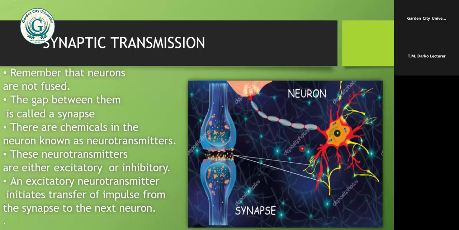These neurons are not joined together, meaning they are not fused together. Does it make sense? Very good. In between the neurons, there is what we call the synaptic junction. Those of you who did some basic biology in senior high school know this. There's the synapse or synaptic junction.